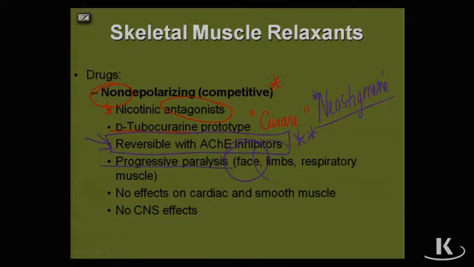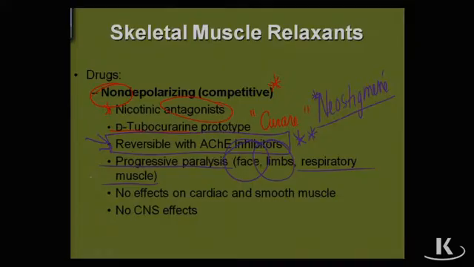Then the limbs, and ultimately, but invariably, respiratory muscles such as the diaphragm, meaning clearly there is absolutely no way, unless you wanted to kill someone, to use these medications without the intent of mechanically ventilating and supporting this patient.